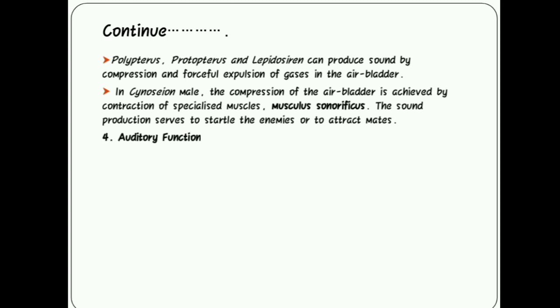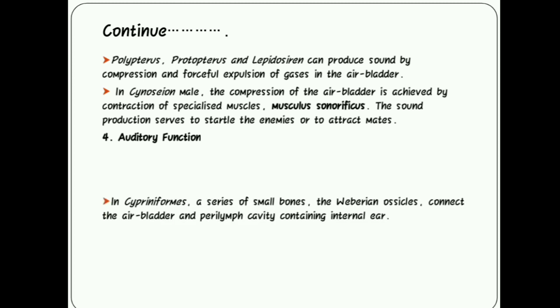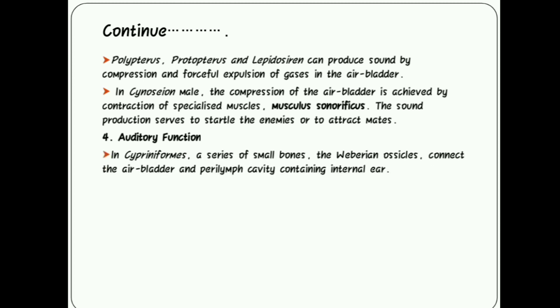Now we are discussing the last function of the air bladder, the auditory function. In Cypriniformes, a series of small bones, the Weberian ossicles, connect the air bladder and the perilymph cavity containing the internal ear.